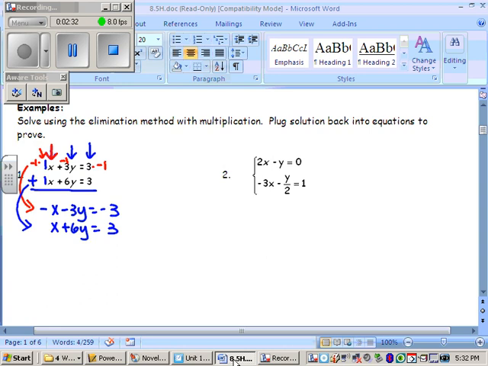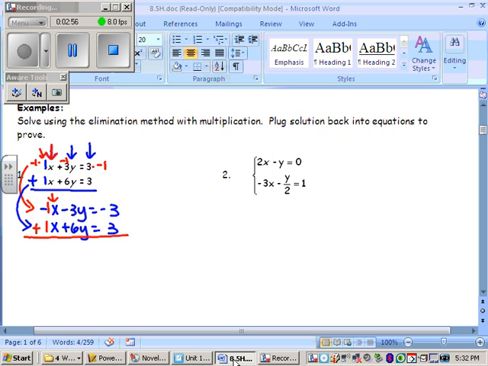So now you can see that the coefficients of the x, -1 and 1, if we were to actually add our like terms, would add up to 0, which would eliminate the x's, which is our goal for the elimination method. So we can now finish the process of finding the solution using the elimination method.